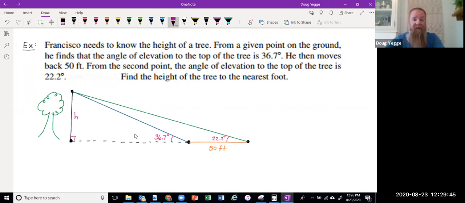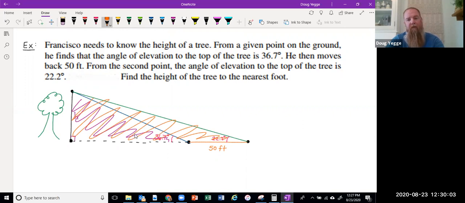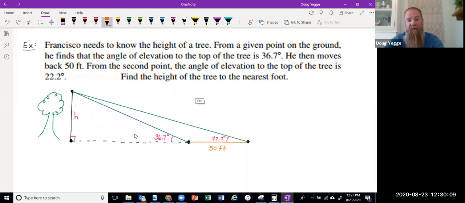We don't have any sides of this triangle, but we do have an angle inside of the triangle. But we also should see that there's a triangle inside of another triangle. There's this triangle here, but then there's also this entire triangle here. They're both right triangles. So we should be able to use some information here in order to find what's missing.